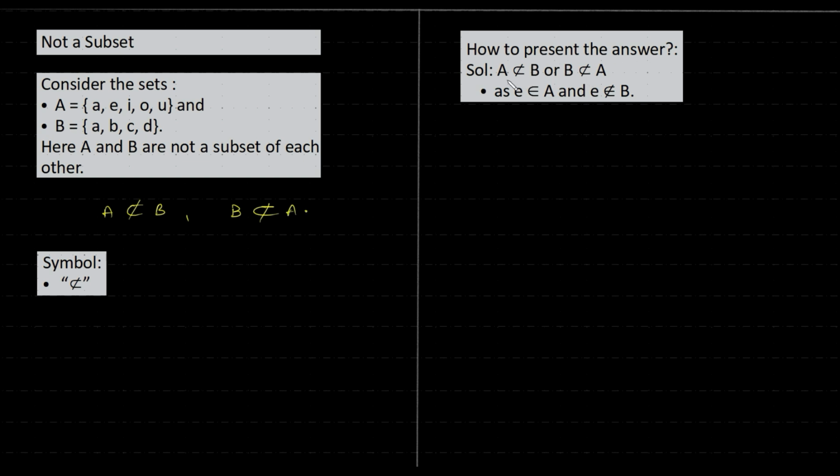I have written over here: A is not a subset of B and B is not a subset of A, as e belongs to A and e does not belong to B. Also, we have d belonging to B and d does not belong to A. Because of this reason, I can conclude the following.